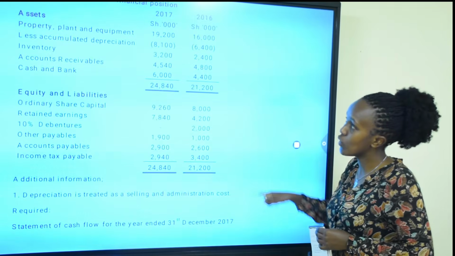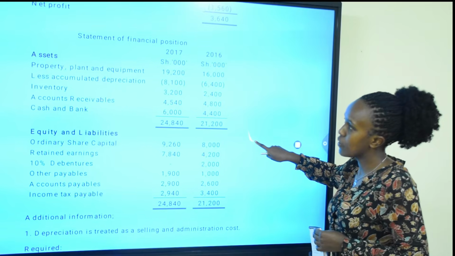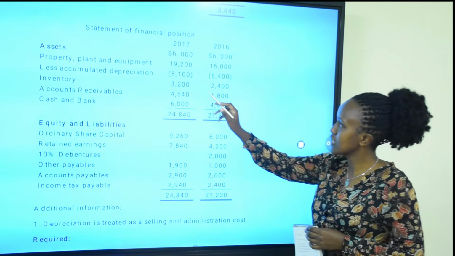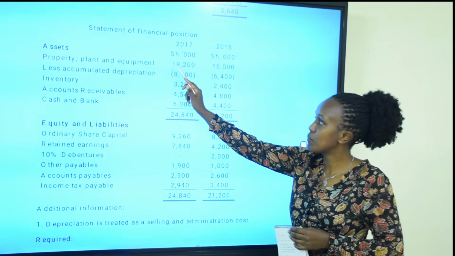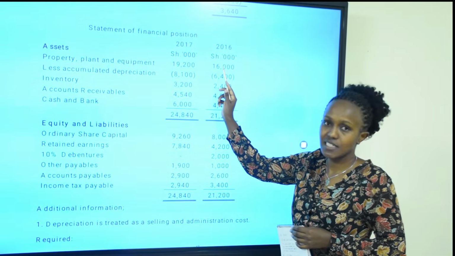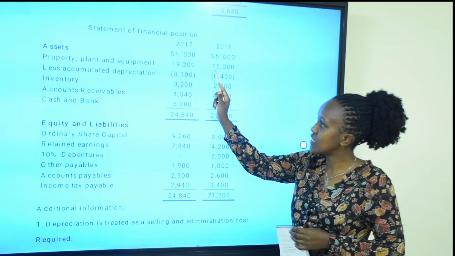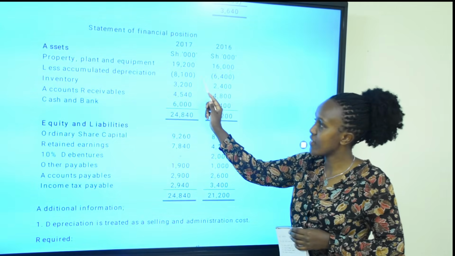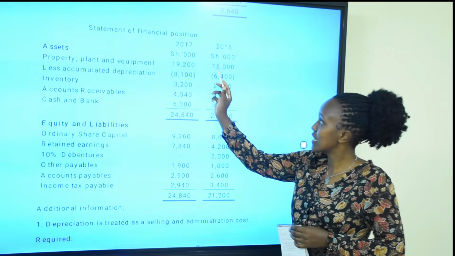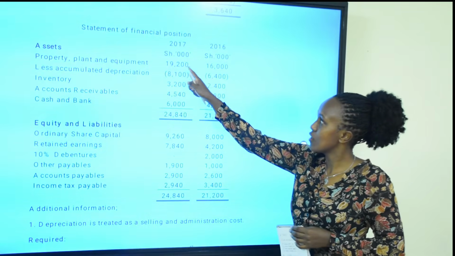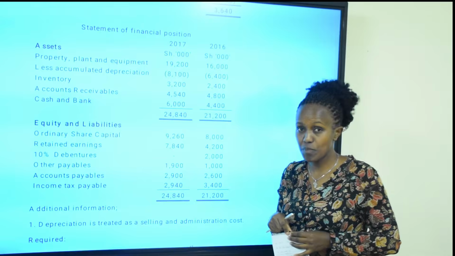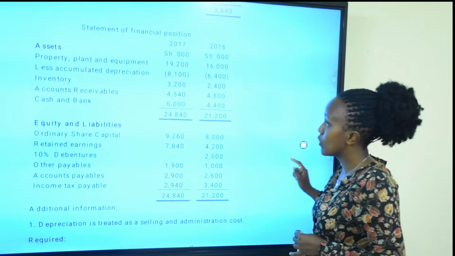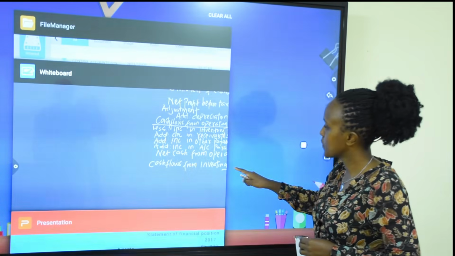Again, coming back to our question, we are talking about the activities that are affecting the PPE, the plant, property, and equipment, other than depreciation. There was an increase in PPE of 3,200, which represents a purchase of the PPE.